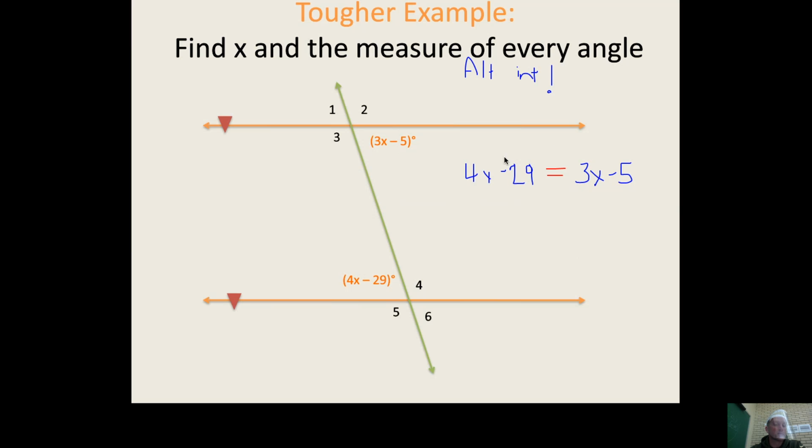Okay, so congruent angles give you equal measures, and then you can solve for x. So we'll subtract 3x from both sides, then add 29 to both sides.